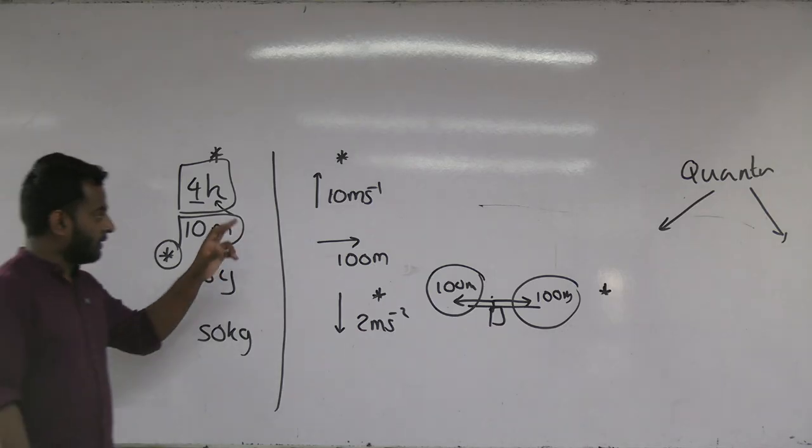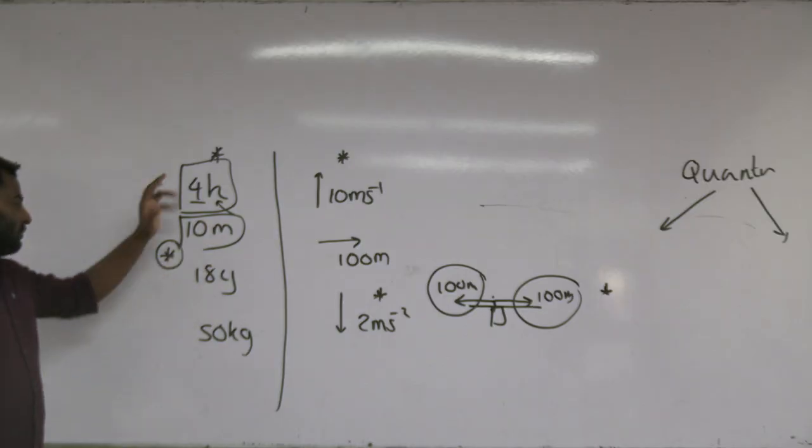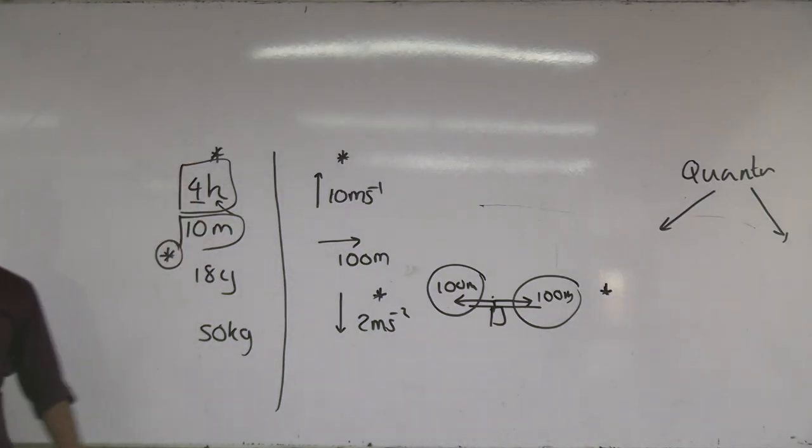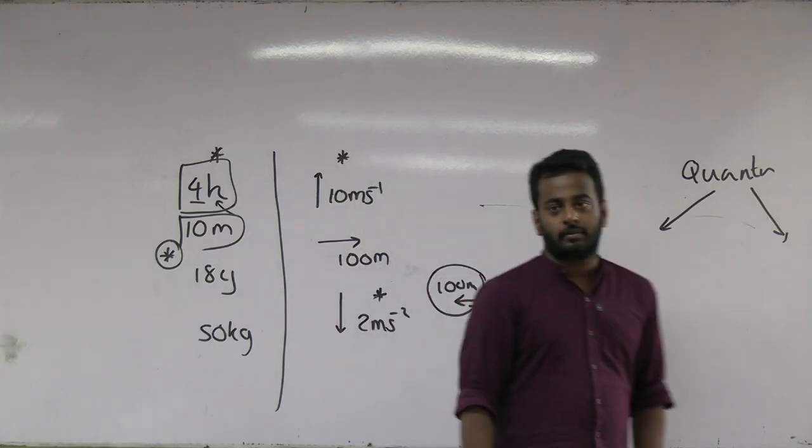Under scalar quantities, we'll write the examples: duration 4 hours, length 10 meters, age 18 years, mass 50 kilograms.